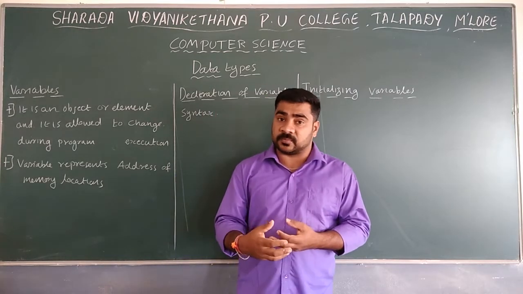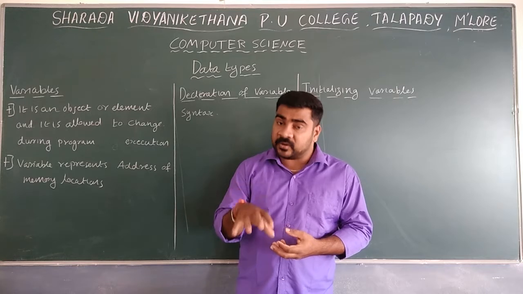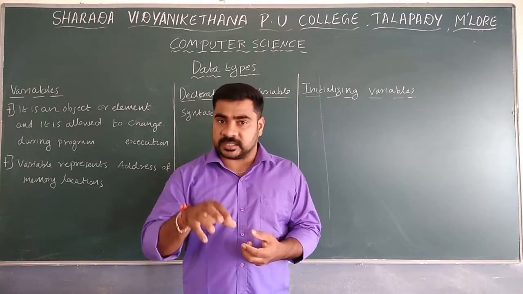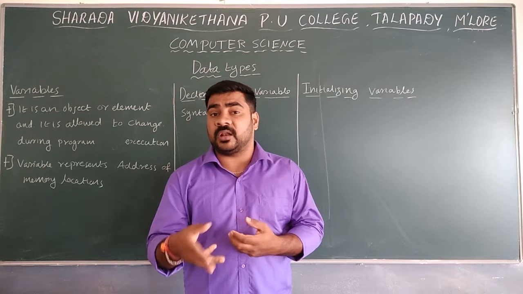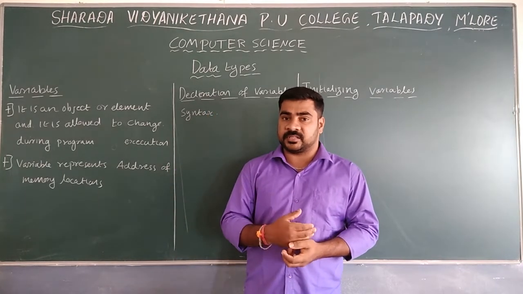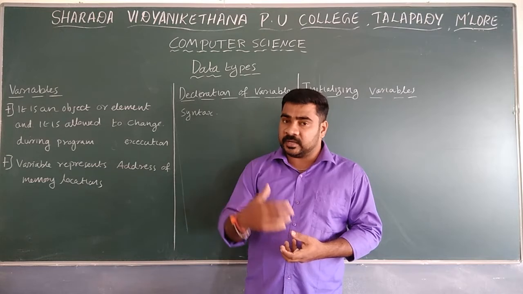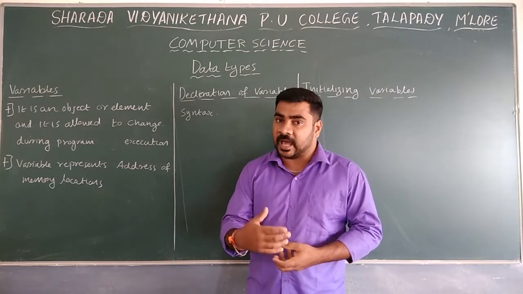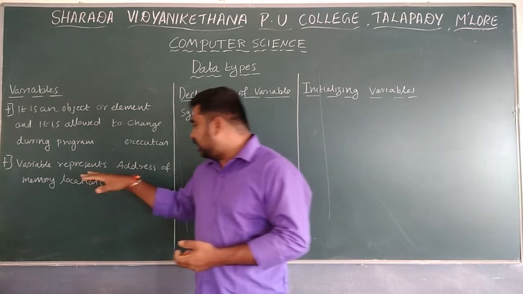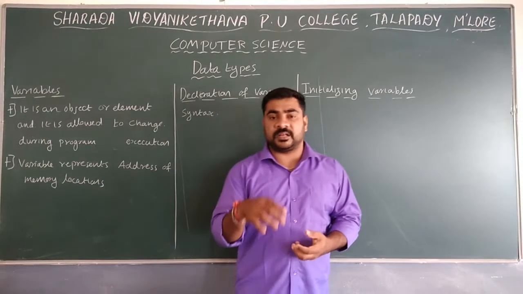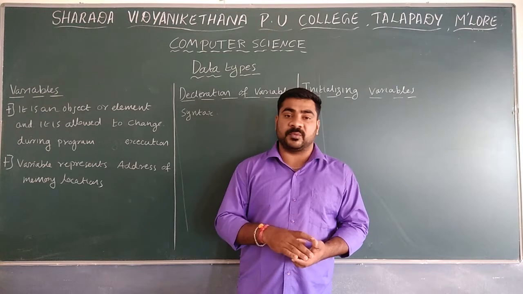For example, first you assign 10, and later you can assign another value. That is allowed during program execution. So that is known as a variable. The variable represents the address of a memory location.